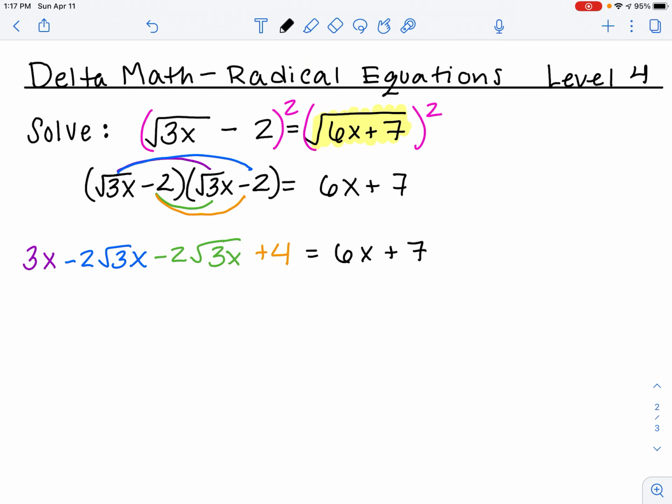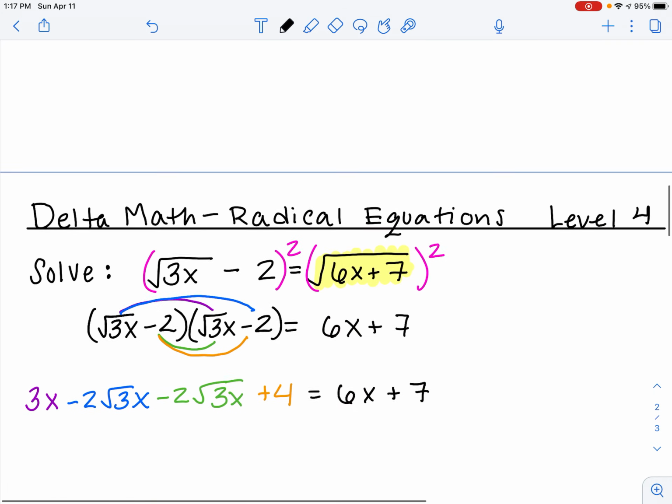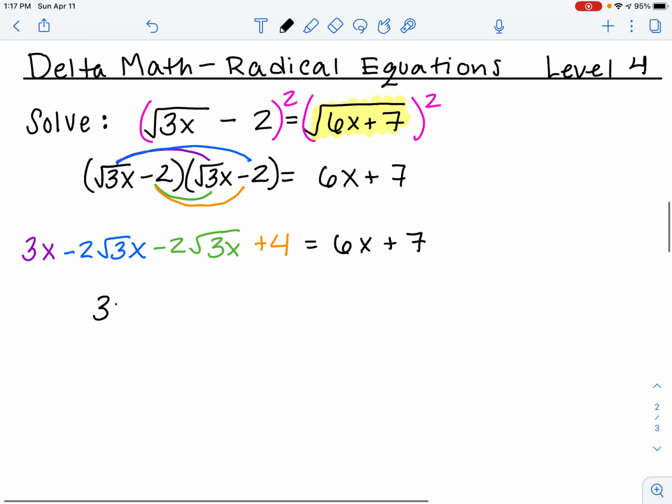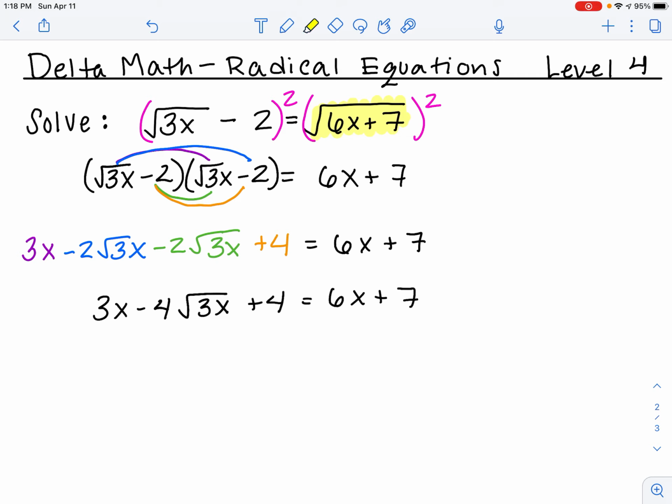So then I'm going to collect my like terms on the left. I get 3x minus 4 square root of 3x plus 4 equals 6x plus 7. So I have another square root now. I want to get this square root by itself, or as close to itself as possible, so that we can get rid of it.